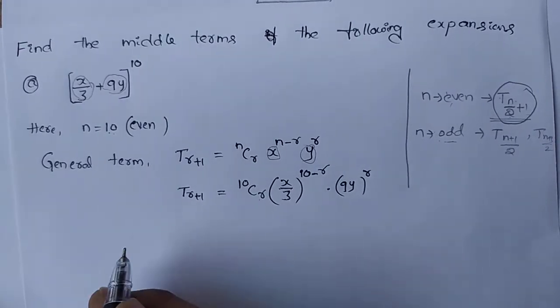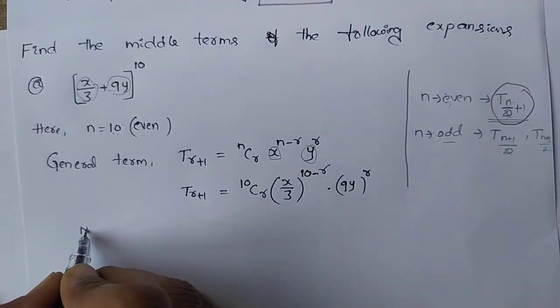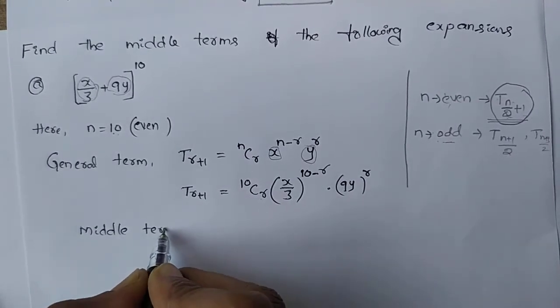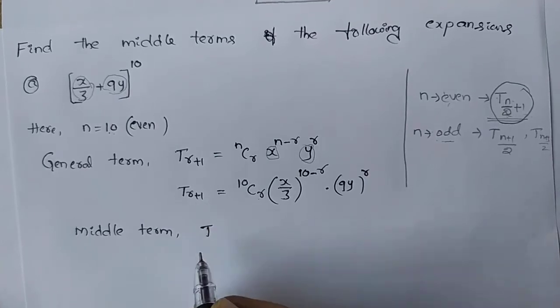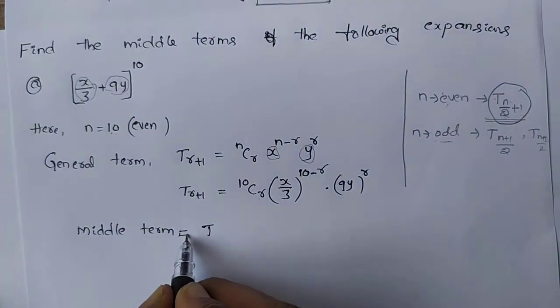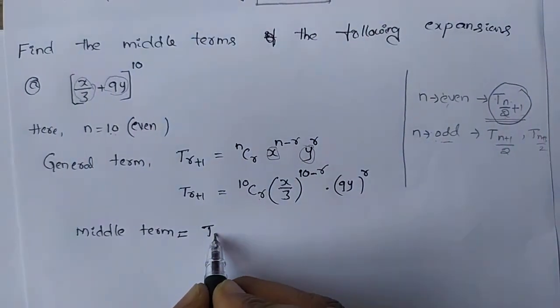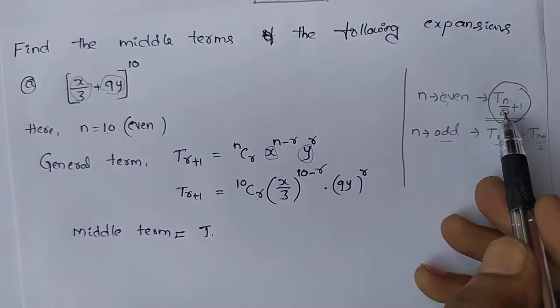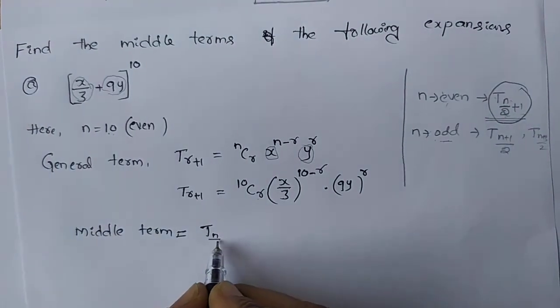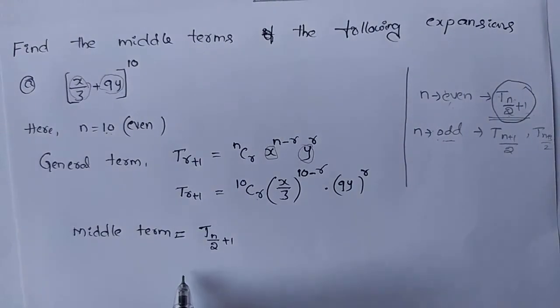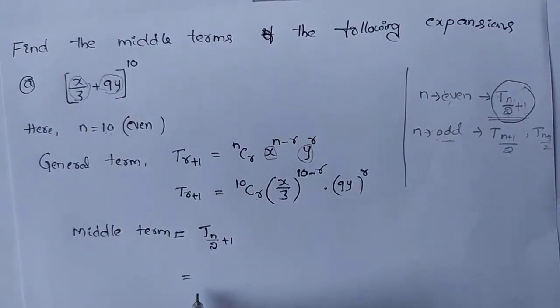Okay, if n is even, the middle term equals T n by 2 plus 1.